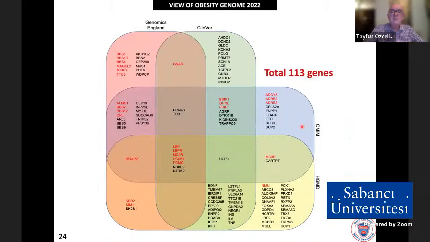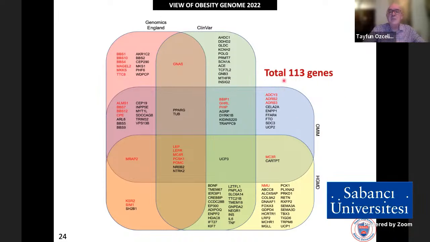Well, actually, I told you that up until 2020, there were only a handful of genes that were known to be associated with obesity. Starting from 2021, a big difference emerged because of the Genomics England and the US databases that are now available with the genes associated with obesity.